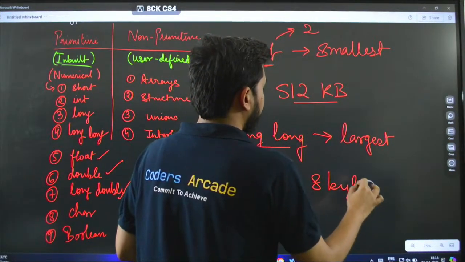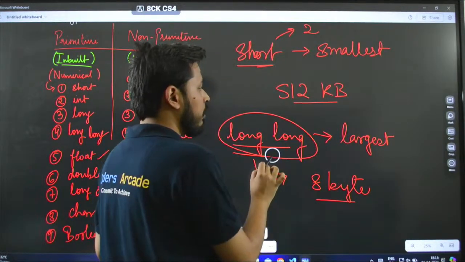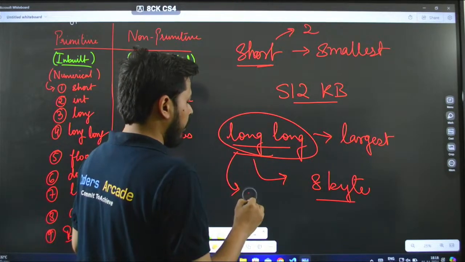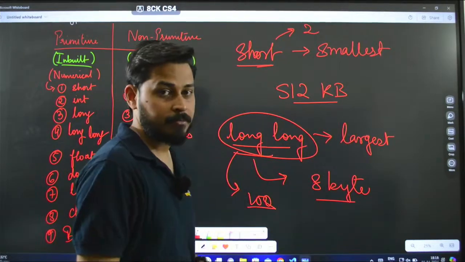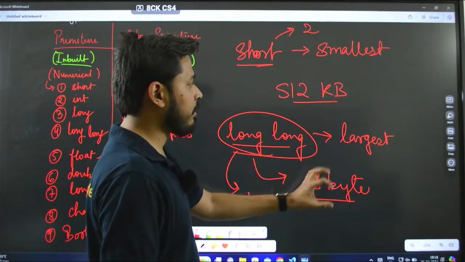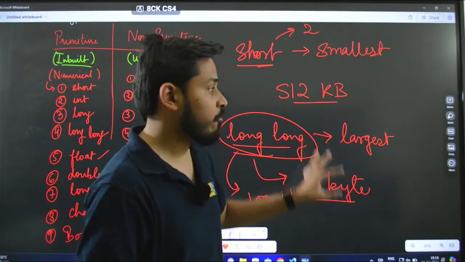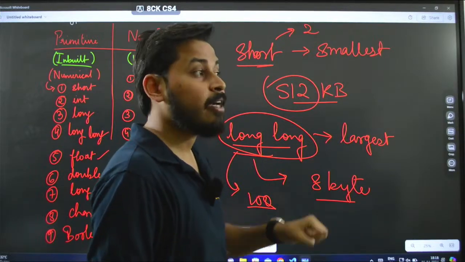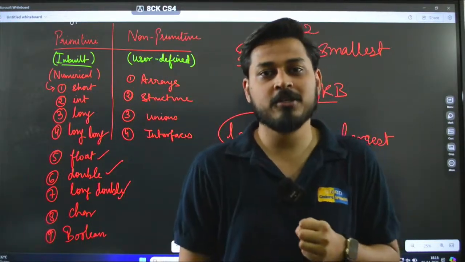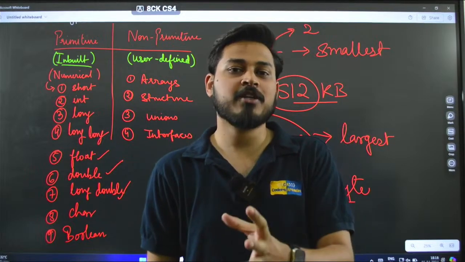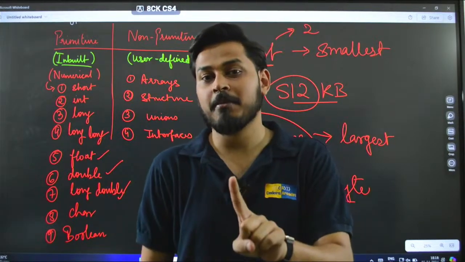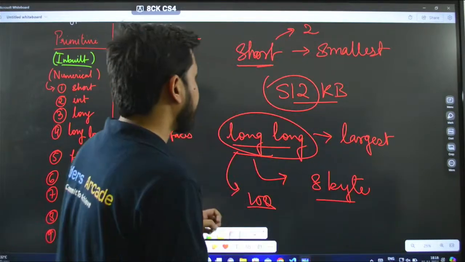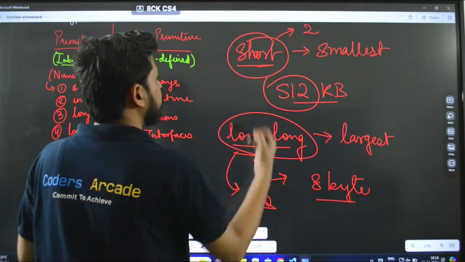If you are working with long, and you have created, let's say, 100 variables of long type, then it would already take 800 bytes of space from this 512 kilobytes, which would be a lot in terms of a computer system, because you already took around 40 to 50% of that RAM just by writing one program. And for this reason only, we had to develop a smaller data type, short.